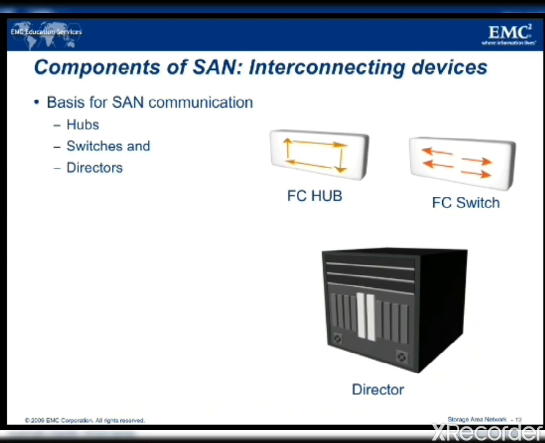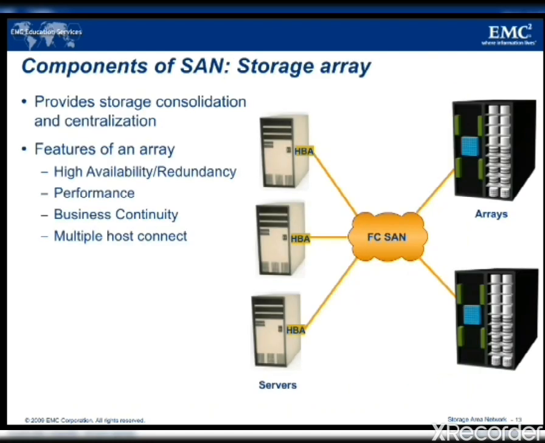Switches are available with a fixed port count, whereas directors are modular switches where the port count can be increased. Directors can have multiple ports, or ports can be added to them, right? So this was about the components of an FC SAN, right?